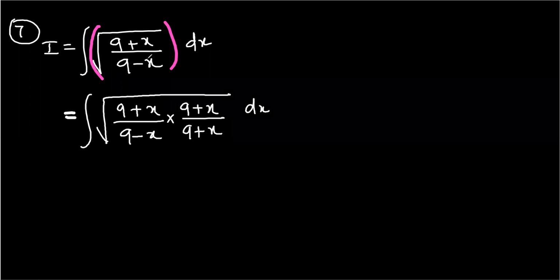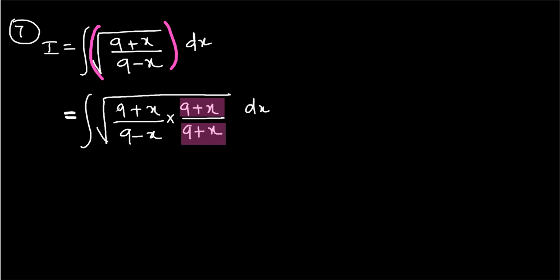the transformation, for transforming this into a form where we could apply the result, I multiply the numerator and denominator by the numerator. That is, 9 plus x I multiply in numerator, and 9 plus x I multiply in denominator. Now what does this do to me?